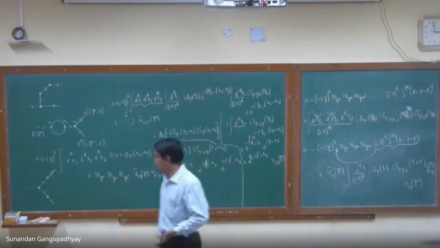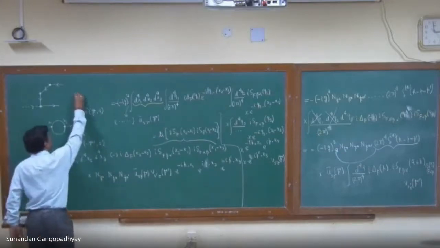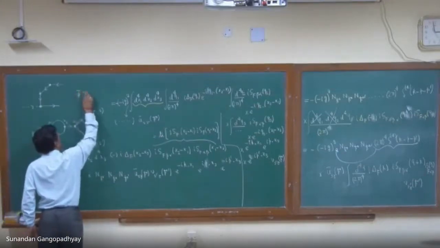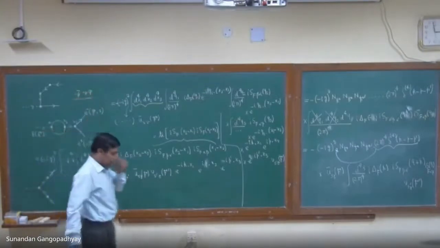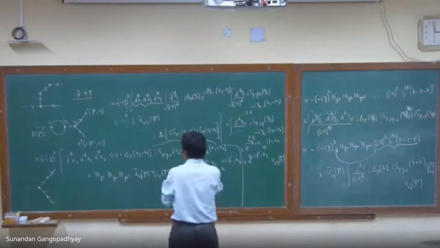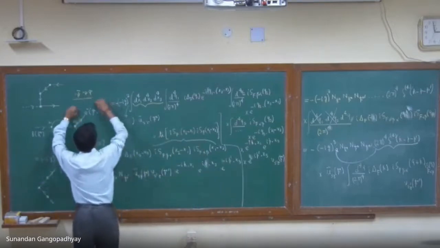See, physically it is quite easy to understand, because your interaction in this case is psi bar psi phi, right? This phi, what it does, you have to understand. As I mentioned, if you look at scattering of two electrons or electron positrons, it will be something like this.